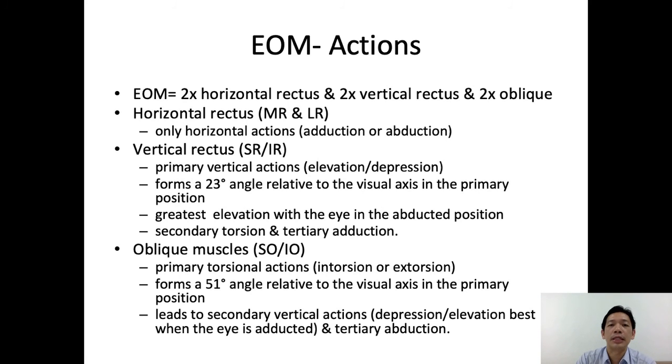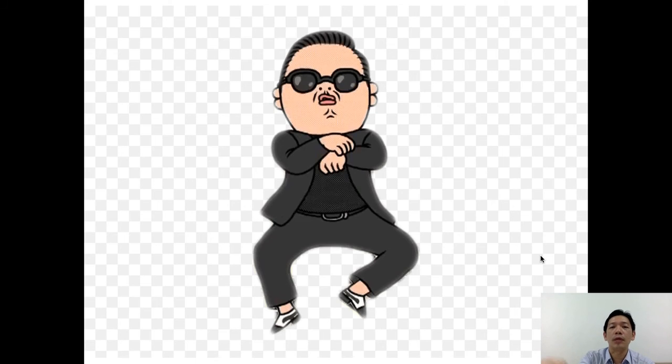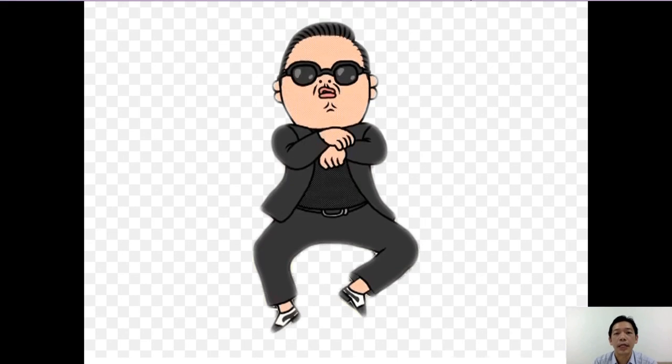And just in case you are able to memorize it, what you can do during your answering is bring up your hand, and don't worry, the examiner will not think that you are dancing. Just do whatever I mentioned to you just now. Then with the principle, you will be able to recall all the important principles and also the actions of your extraocular muscles.